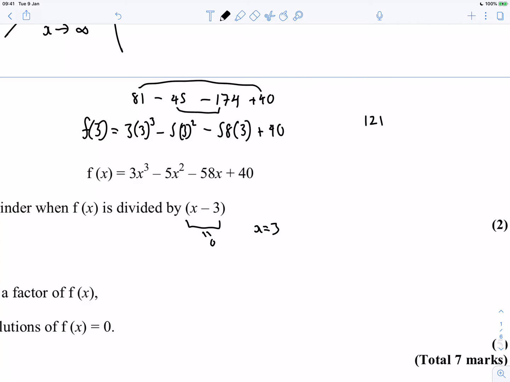And we've got 45 and 174, which is going to be 219, isn't it? So we've actually got the negative of 219 minus 121, so that's 98. So I believe the remainder is negative 98.